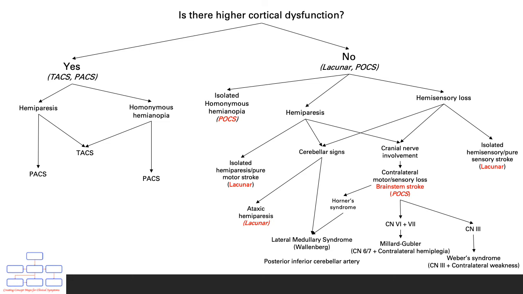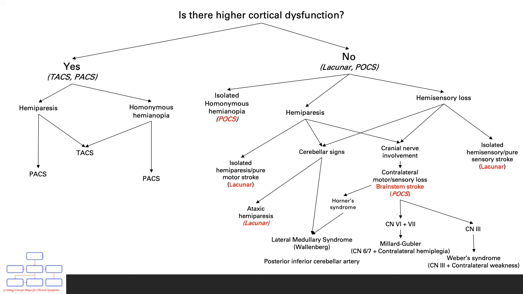It is essentially an occlusion in one of the branches of the posterior cerebral artery, resulting in a midbrain infarct within the brainstem. And a 6th and 7th cranial nerve palsy with contralateral hemiplegia is likely to be Millard-Gubler syndrome. It is a ventral pontine syndrome in the brainstem as well.